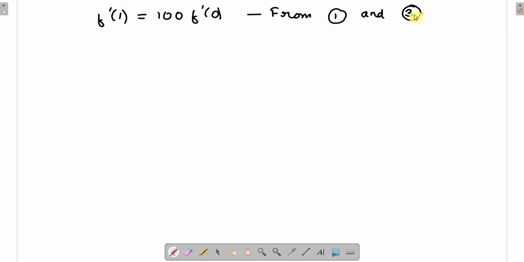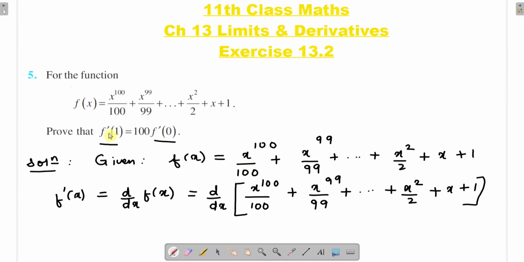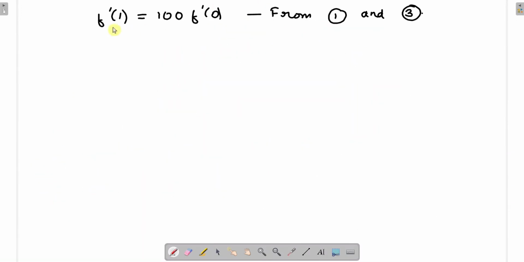Okay, so this only we wanted to prove, right? You can see here, prove that f prime of 1 is equal to 100 times f prime of 0. So that we have proved here. So hence proved. Okay, so that is the answer.